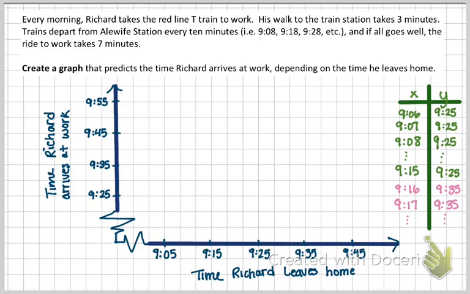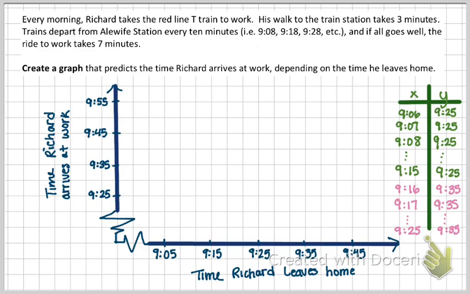So in order to make that 9:28 train, he can leave his house at 9:16, 9:17, 9:18, etc., all the way up to 9:25, which is the latest he can leave if he wants to make the 9:28 train. And he'll still get to work at 9:35.